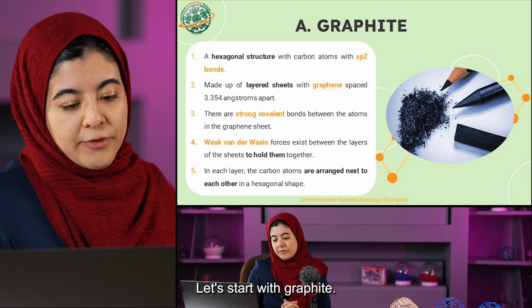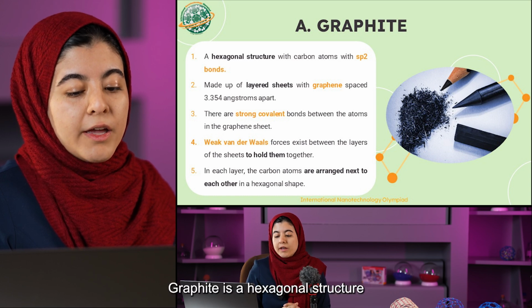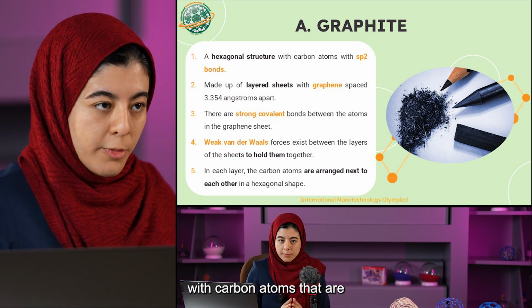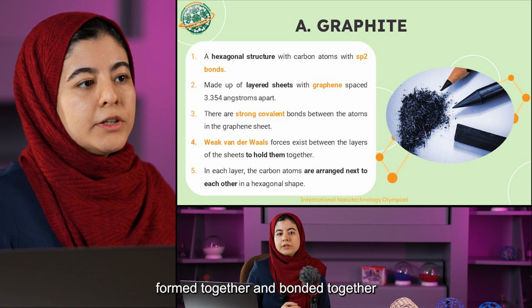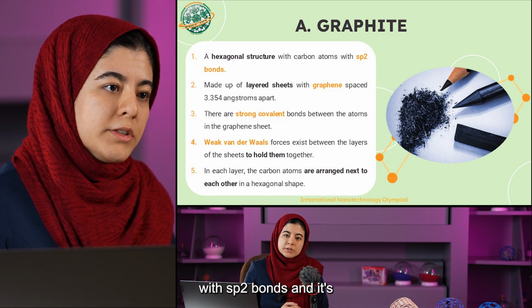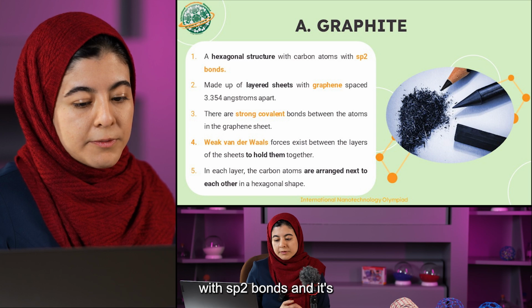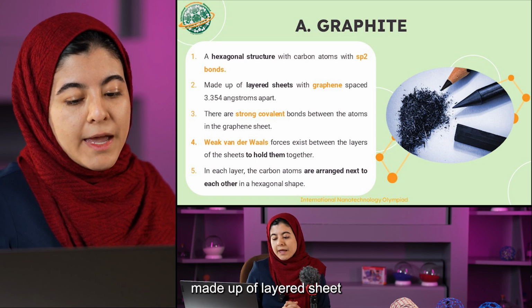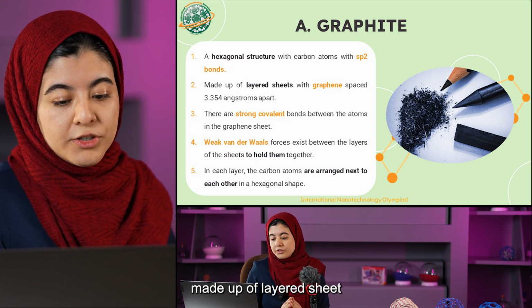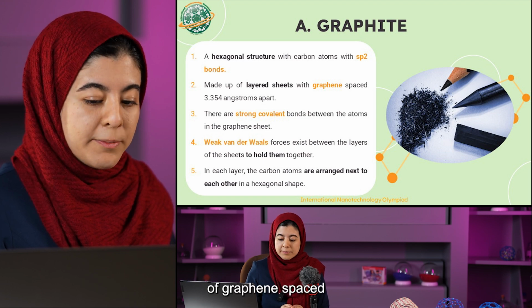Let's start with graphite. Graphite is a hexagonal structure with carbon atoms bonded together with sp2 bonds, and it's made up of layered sheets of graphene spaced 3.354 angstroms apart.